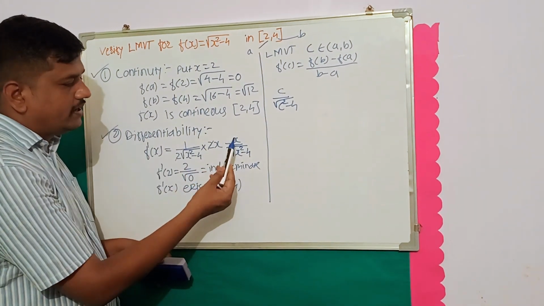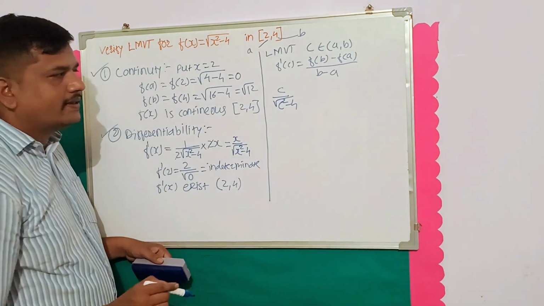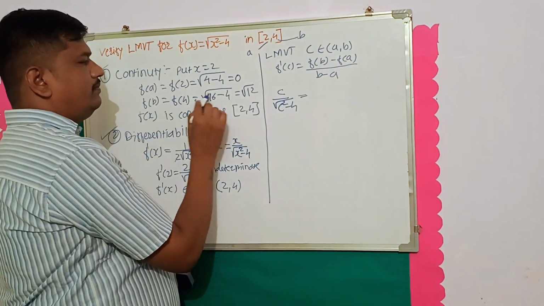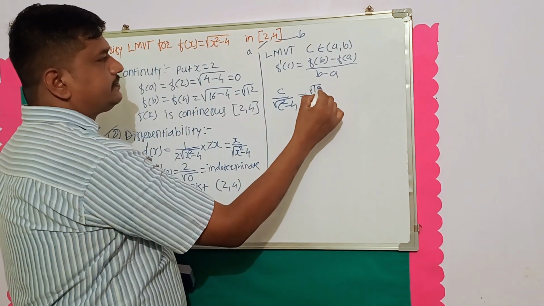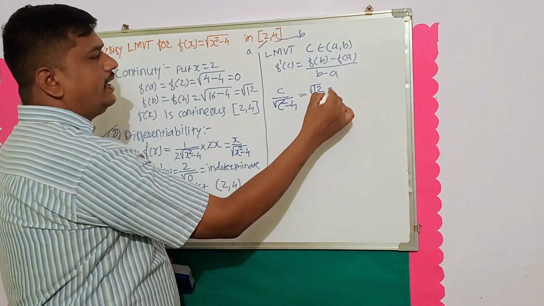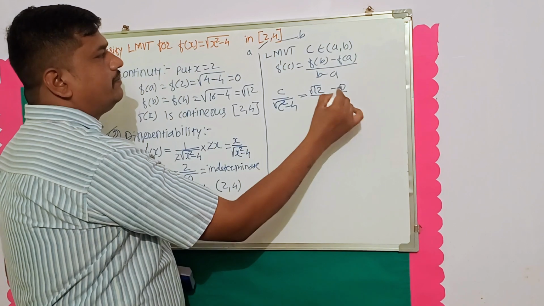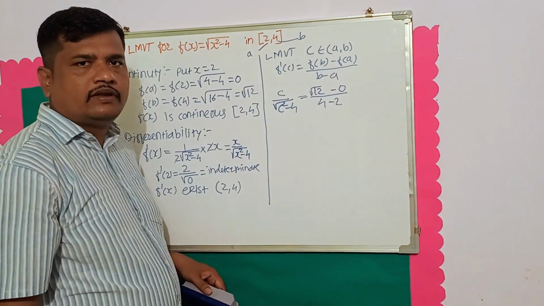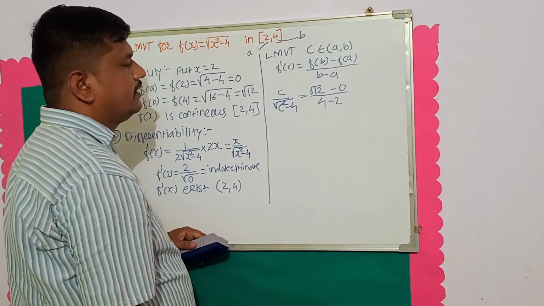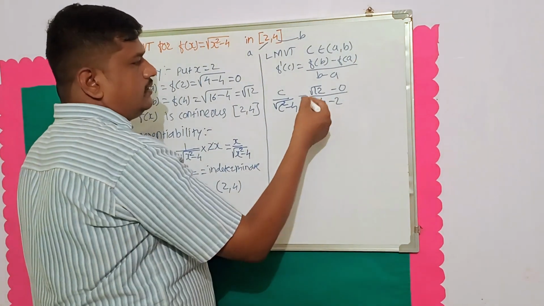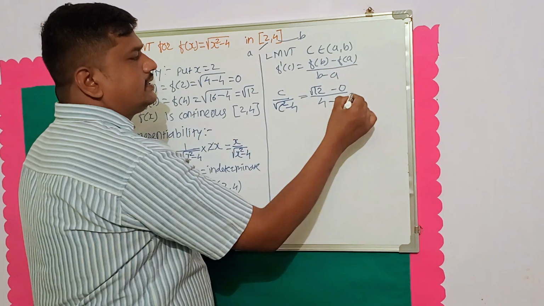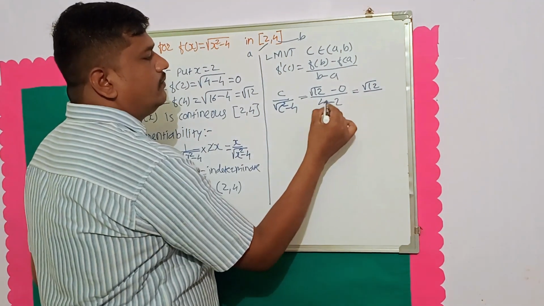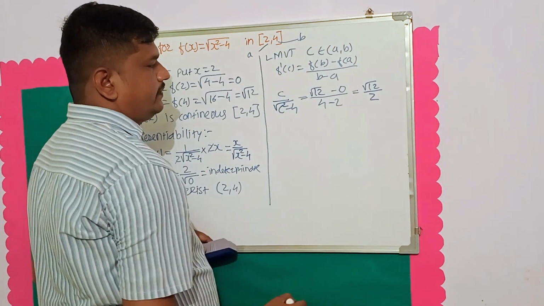This is equal to f of b minus f of a divided by b minus a: f of b is root of 12, minus f of a which is 0, divided by b which is 4 minus a which is 2. So we get root of 12 divided by 2.